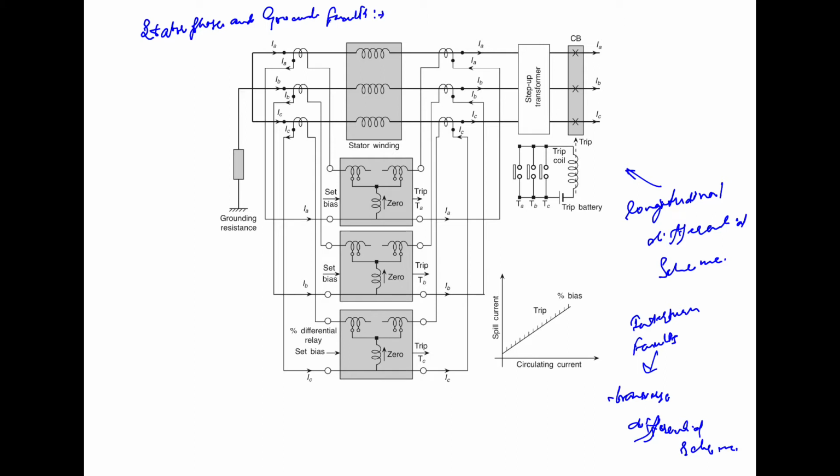Now, as you have studied in detail about differential protection, we have discussed the differential protection of the transformer previously, and there is a difference between that and the generator differential protection.